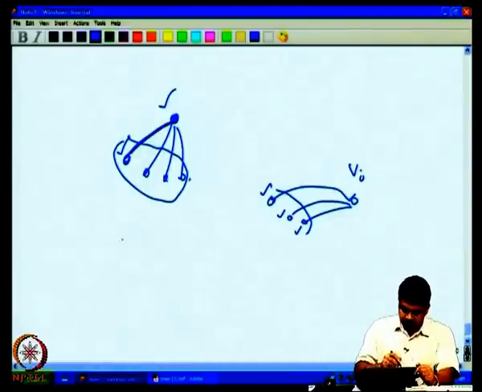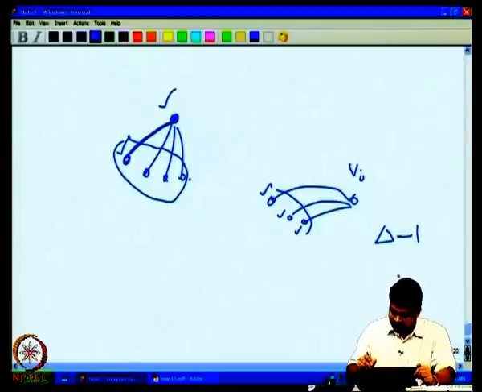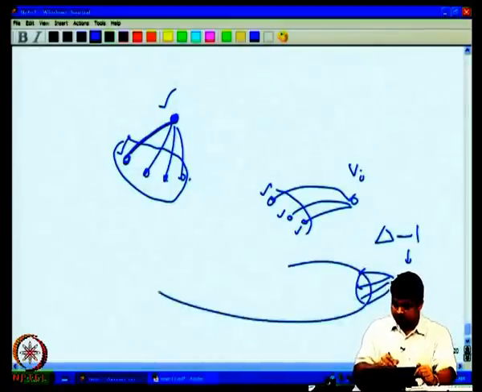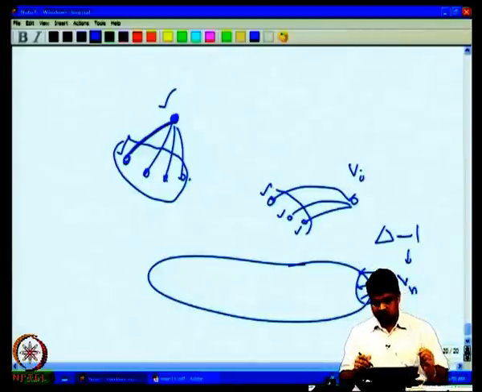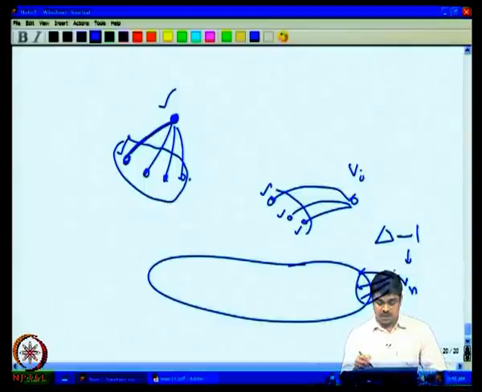So, for instance, if there was a vertex of degree delta minus 1 in the graph, right, I can always keep that vertex as the nth vertex, because anyway it is going to see only delta minus 1 neighbors in its neighborhood, right. Therefore, its neighbors with lower number will be at most delta minus 1.